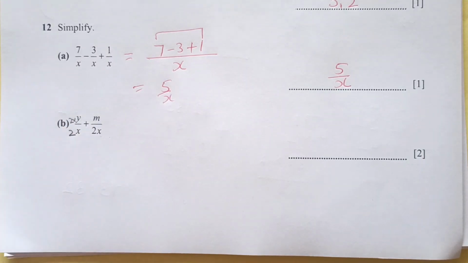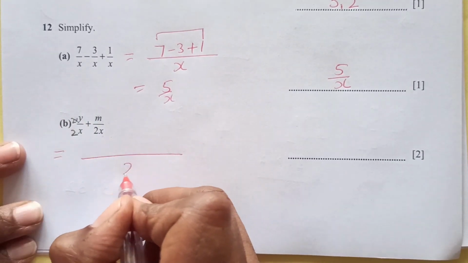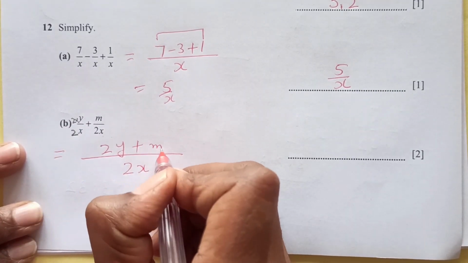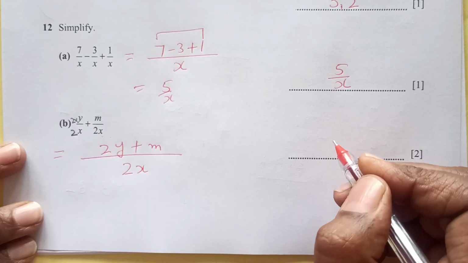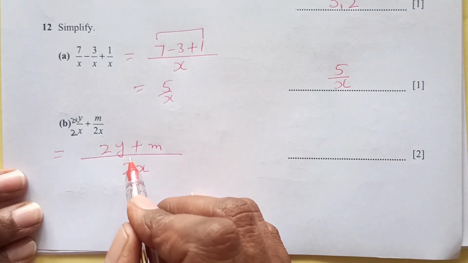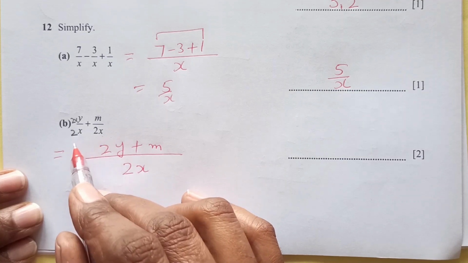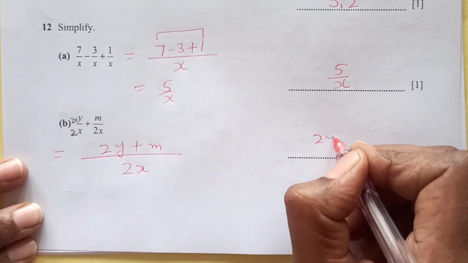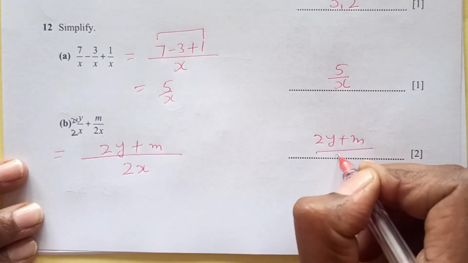So what will this become? This is now 2x down here and up there it will be 2y plus m. So that is going to be the answer. 2x. Yes, sorry. 2y plus m over 2x.